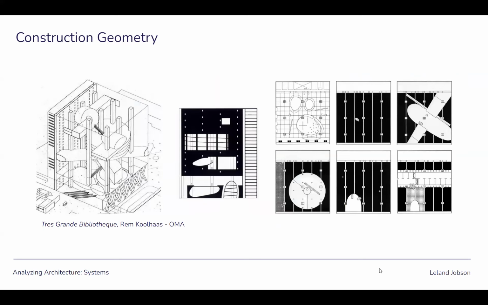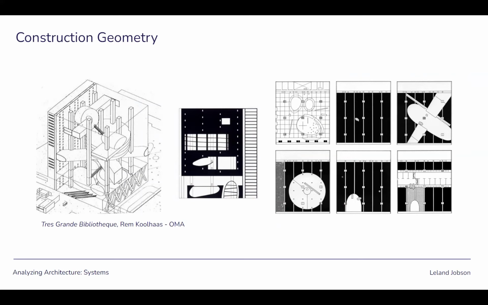Well, here's an interesting one. It's grids, but it's also construction geometry, and you have these objects that are voids. They're treated as solids in this axon here, but they are voids in what is black here, the data of a library. So this is a library, if you didn't know what a bibliothèque was, by OMA.